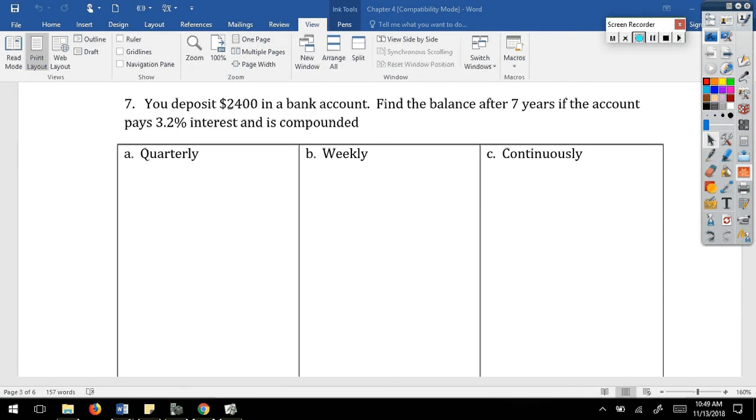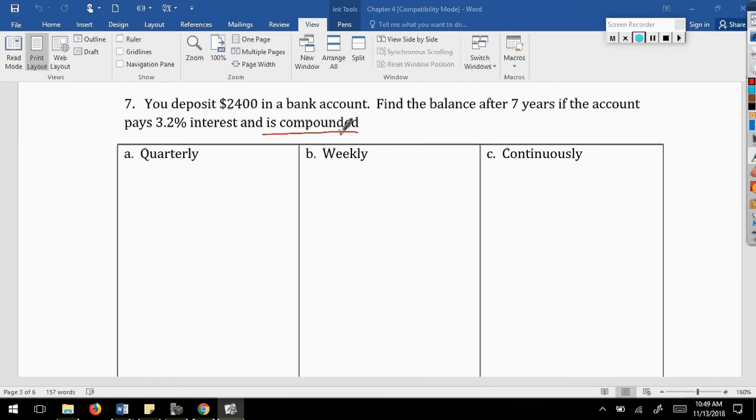Okay, when you set these up, remember, because the interest is compounded, we're using the formula A times 1 plus r over n to the nt. So quarterly, I start with $2,400, and I do 1 plus, the rate is 3.2, so 0.032 divided by quarterly means 4, raised to the 4 times 7 years.